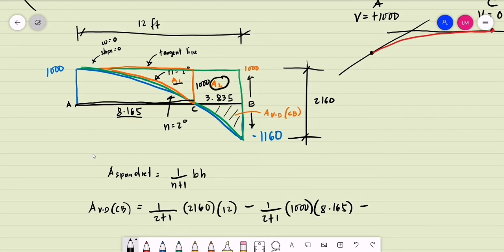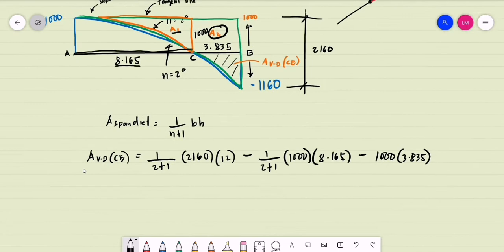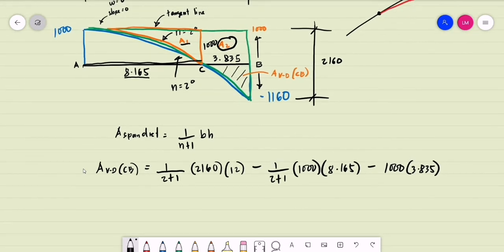This is area 2. What is area 2? This is the area of a rectangle with a height of 1,000 and its horizontal width that is equal to 3.835 feet. So we are now computing for the area of the shear diagram for segment CB.